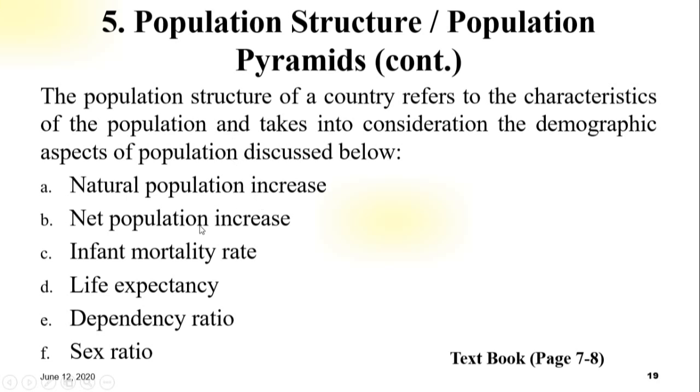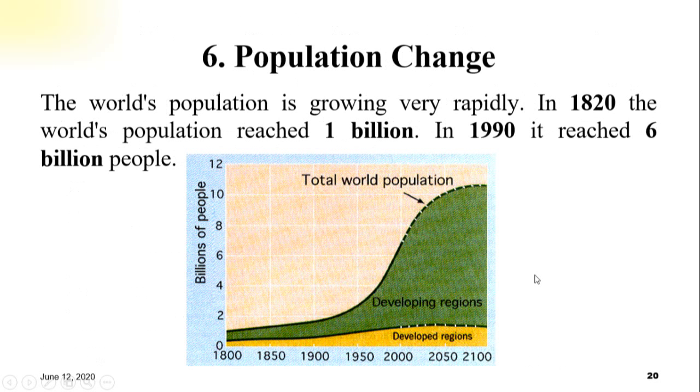All these are about the population structure of a country, from number 1 until number 6. In the textbook you have to read from page 1 to 8.